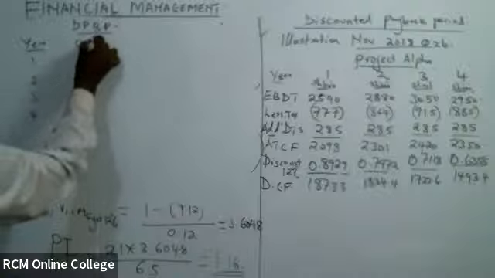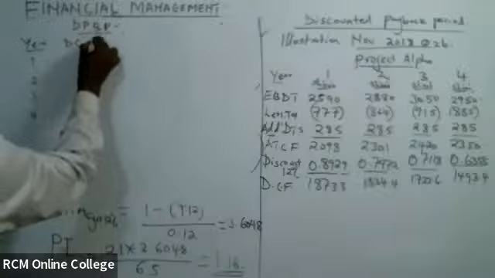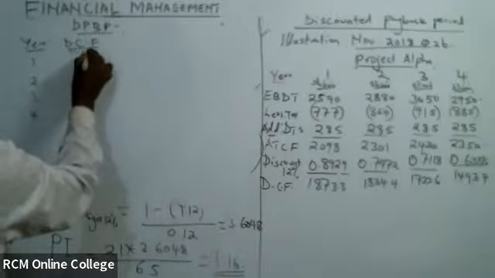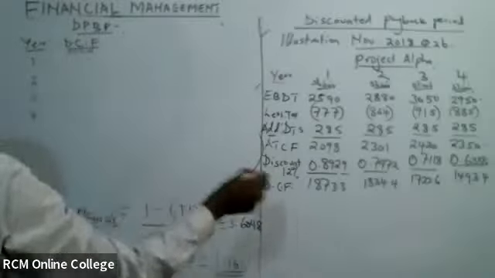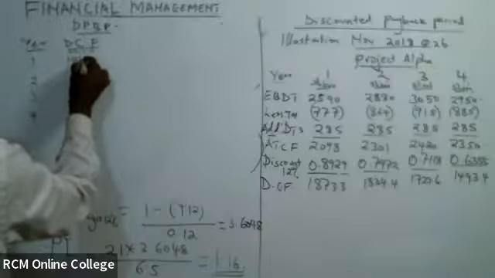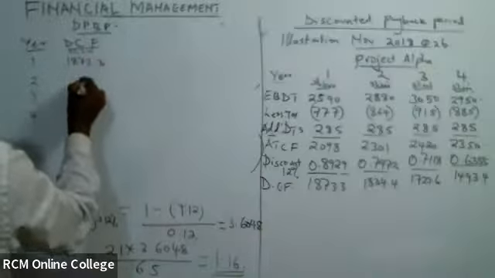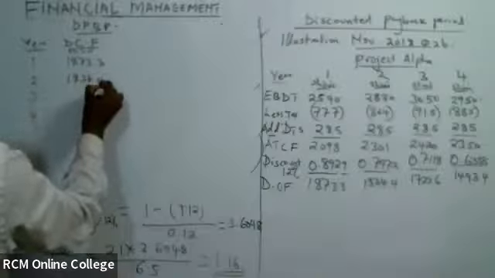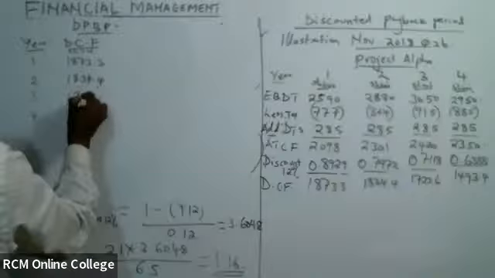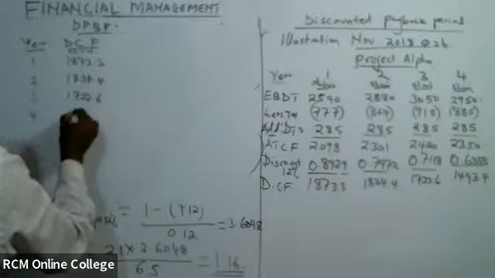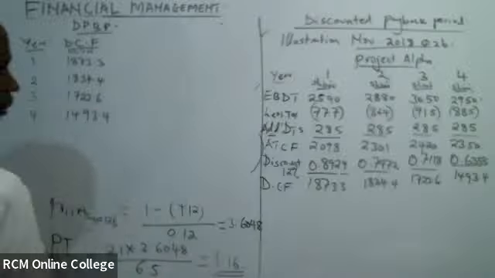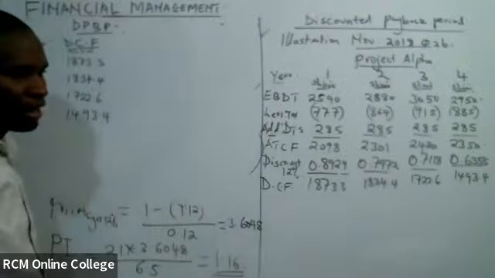Then I have the discounted cash flows like that: 1873.3, 1834, 1722.6, 1493.4.